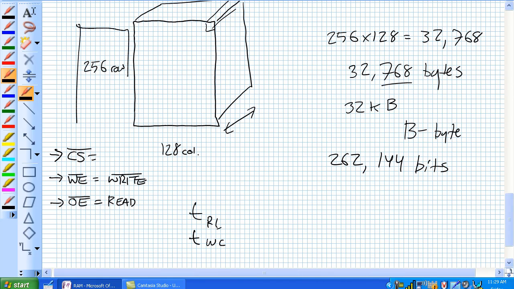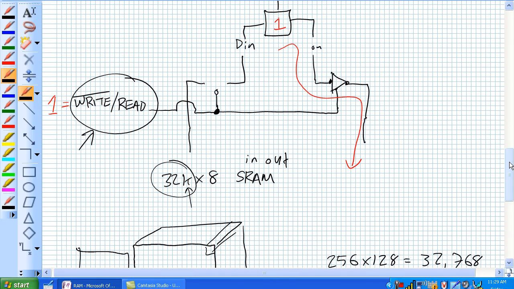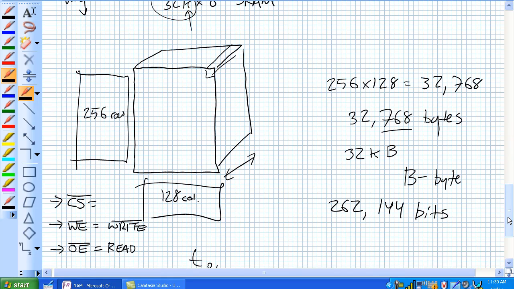Oh, by the way, our previous example was two-dimensional, where it was 8 bits, which forms a byte, in 8 rows. All you needed was a single row select. This guy is going to need a row select and a column select because it's three-dimensional.